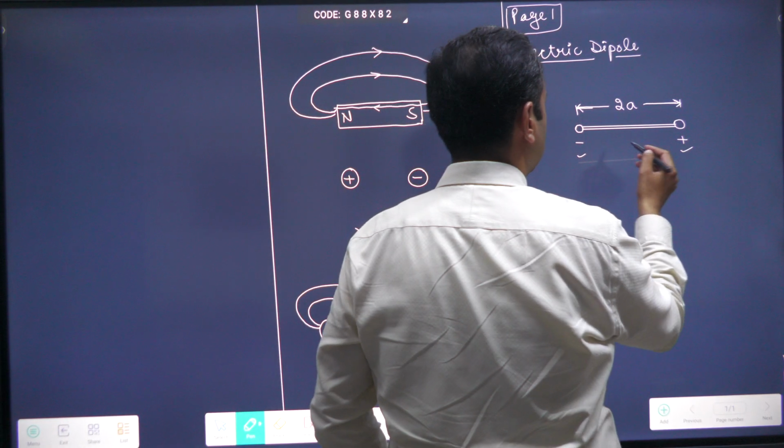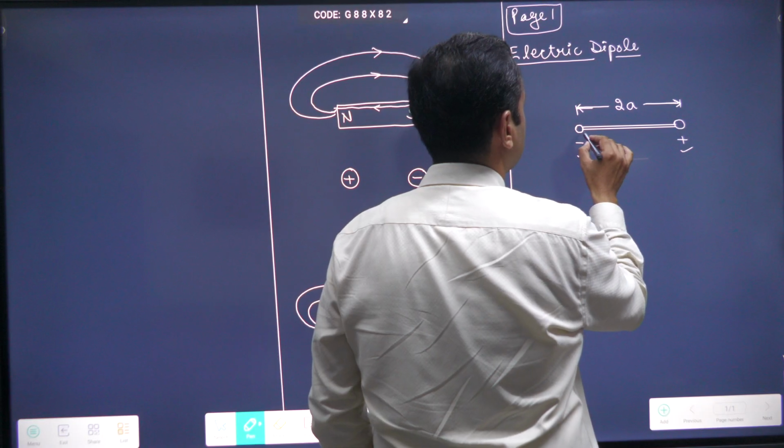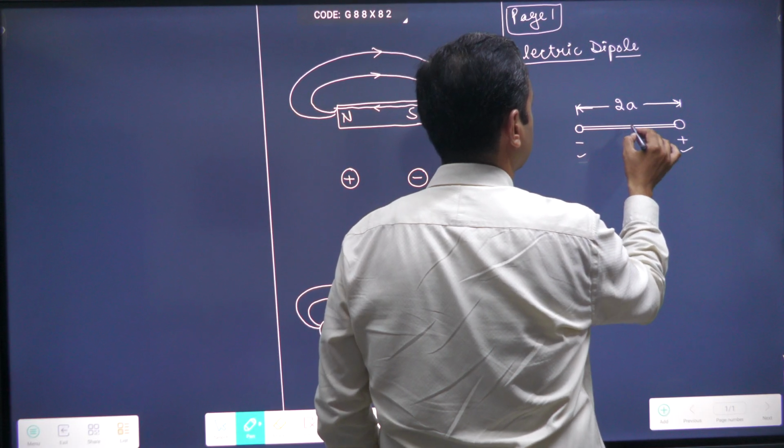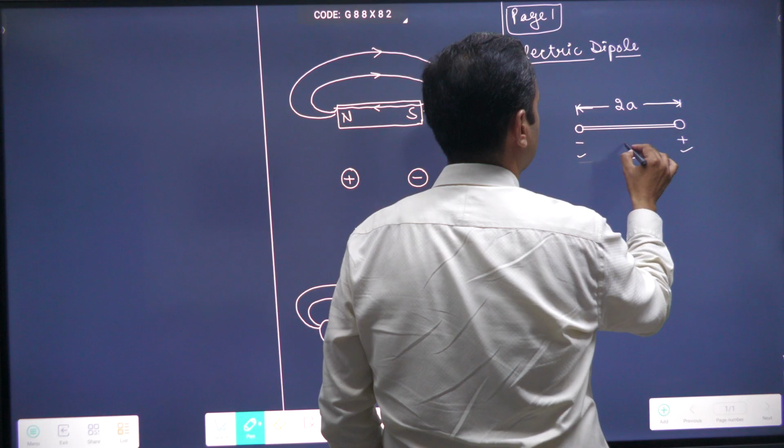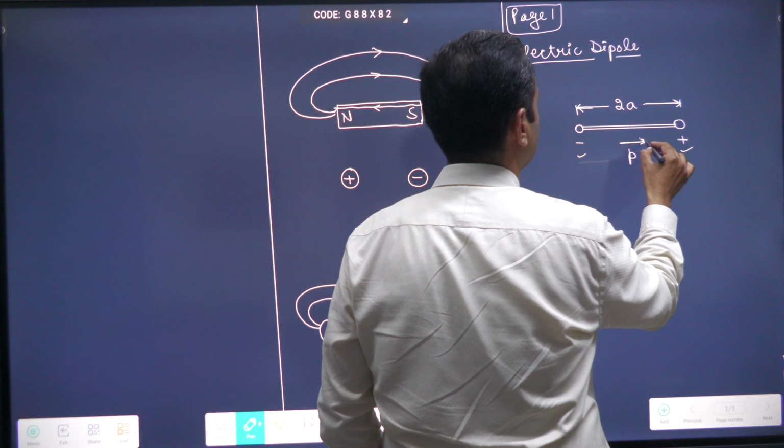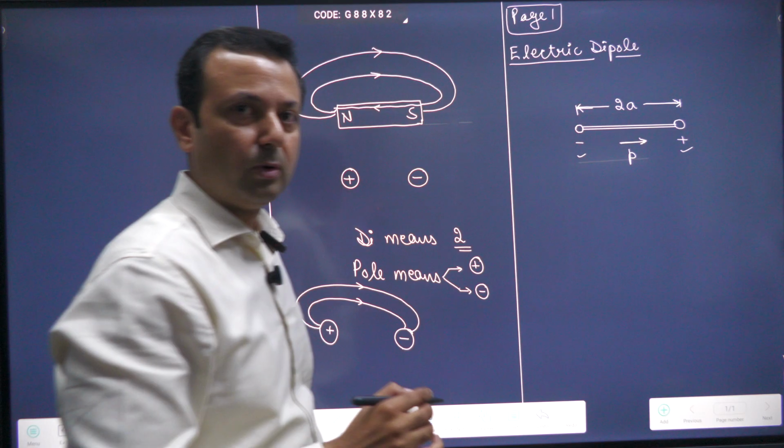So in an electric dipole, the direction from negative to positive is called dipole moment.